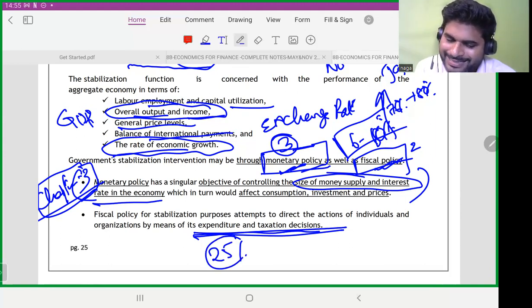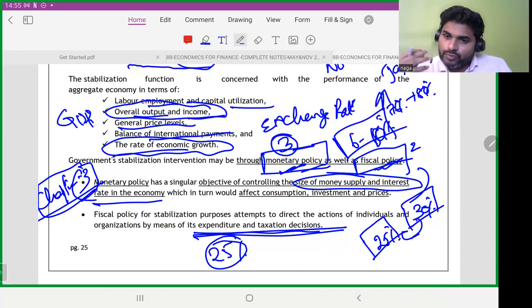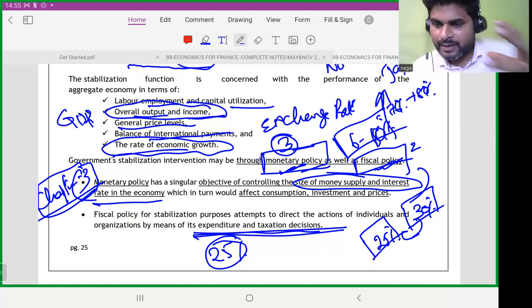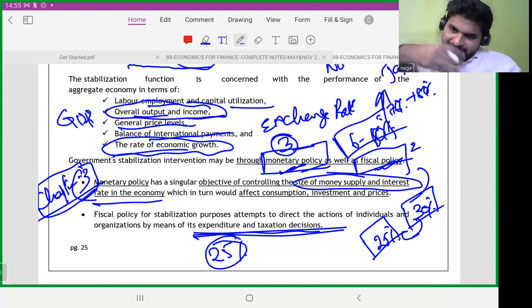Now the government has reduced that to 25%, right? When the tax rate is reduced from 30 to 25%, what would happen? That extra 5% of income available with the private sector, they invest back into the business, right? So that essentially generates more opportunities. These are some of the fiscal policy measures.